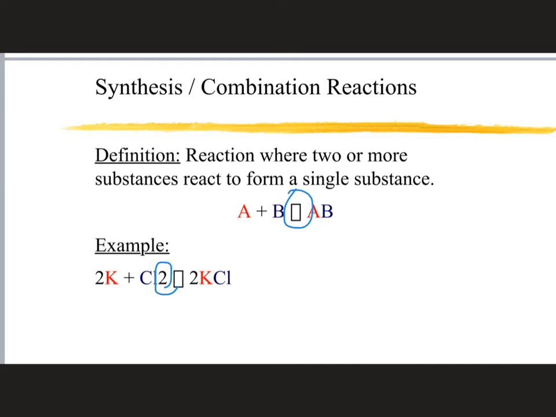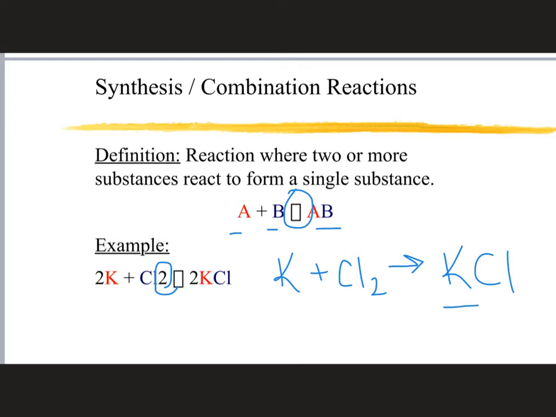So synthesis reaction is 2 separate atoms becoming a compound. So let's look at this example with the potassium and the chlorine. Potassium, which is not diatomic, reacts with chlorine, which is diatomic, to produce or yield a potassium chloride.